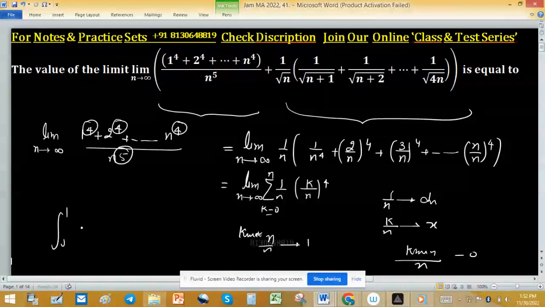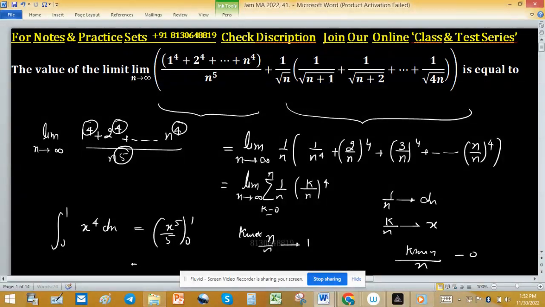So 0 to 1, x raised to the power 4 dx, and this is x raised to the power 5 upon 5, with limits from 0 to 1. So 1 upon 5, we are obtaining the limit of the first part as 1 upon 5.